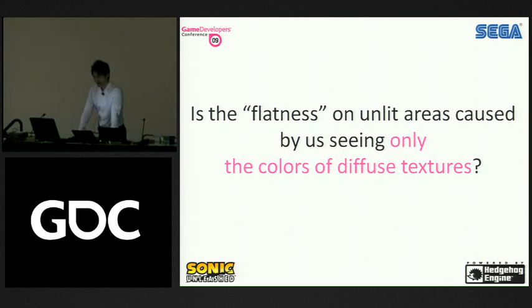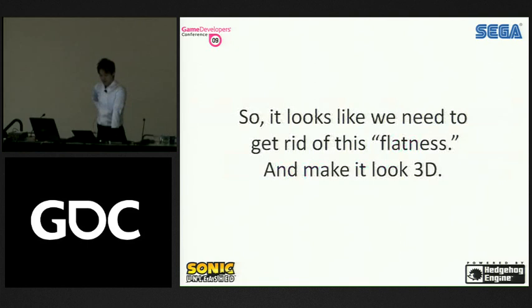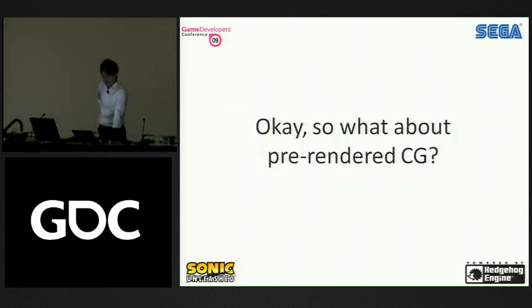Because of that problem, it looks flat. Maybe because only the colors of different textures are used, everything looks so flat to me. We wanted to eliminate this flatness, and we wanted to make everything look more 3D-like.